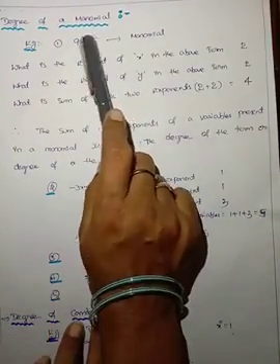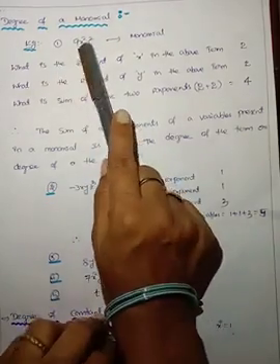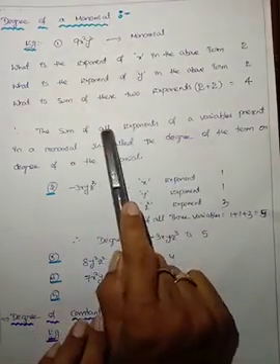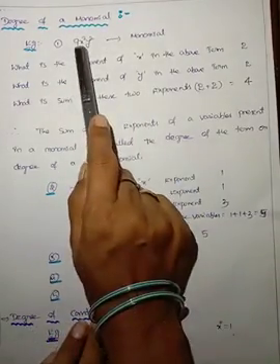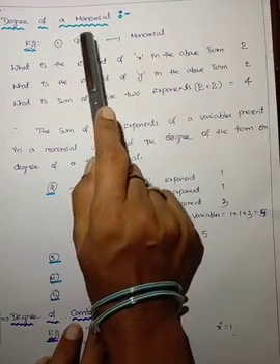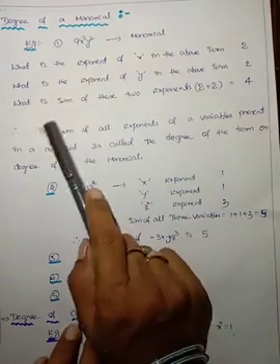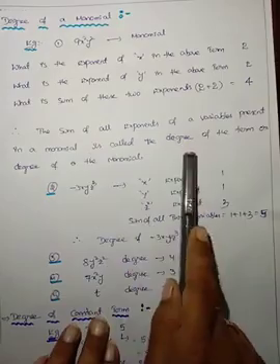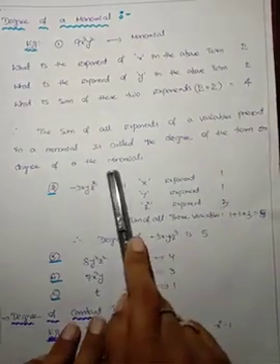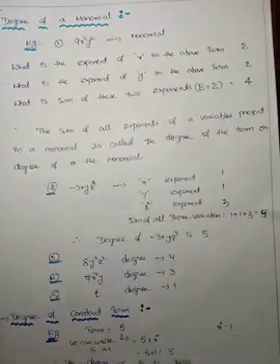The sum of all exponents of the variables present in that monomial is called the degree of the term or degree of the monomial. Degree of the monomial means the sum of the exponents of the variables.